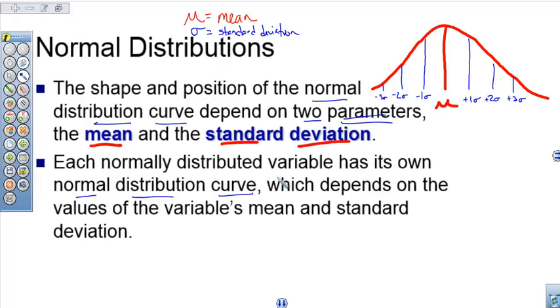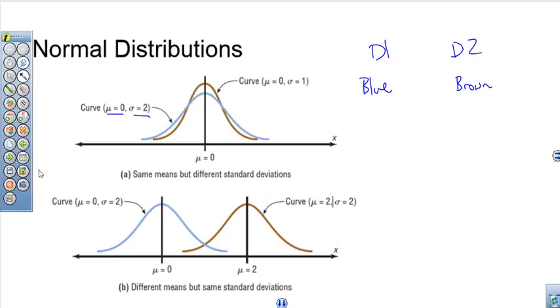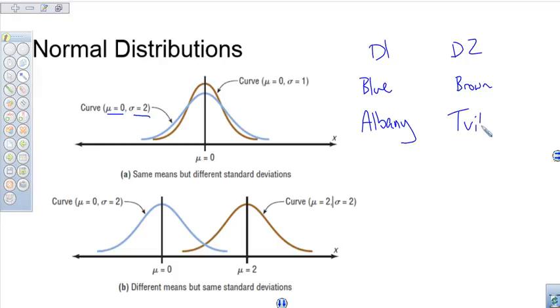Each variable has its own normal distribution curve. So wait, what do they mean by variable? Let's say that we compare the height of people in Albany with the height of people in Thomasville. So let's call this one Albany, and let's call this one T-ville.